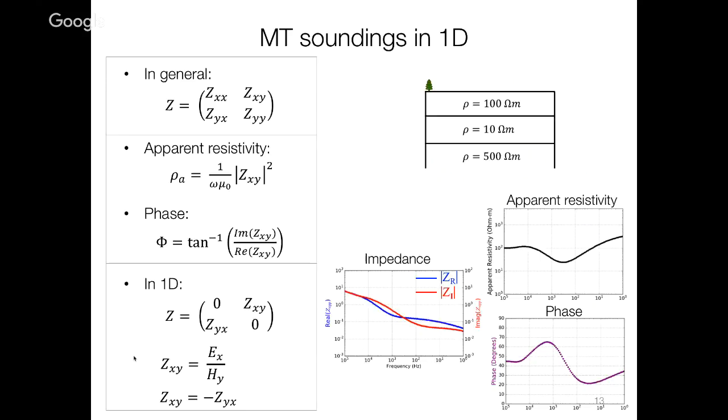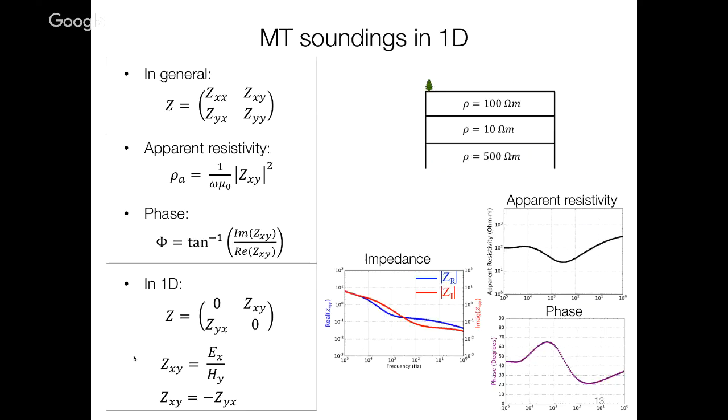Correct. So when we look at this apparent resistivity, when we have an explicit frequency term in there, is that because the impedance itself also has an omega that will cancel, or is it just that for each different frequency we are going to see a different depth?